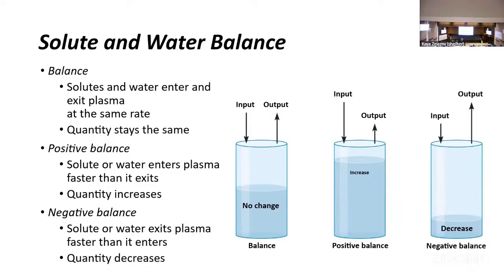Now, this might not always be the case in your day-to-day life. So sometimes your water intake is going to be greater than the output. And in that case, we'd refer to your state as being in positive balance. So that means that because we're adding more in than we're taking away, right? Your total level is going up, right?